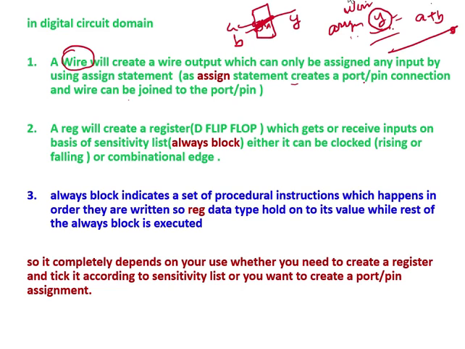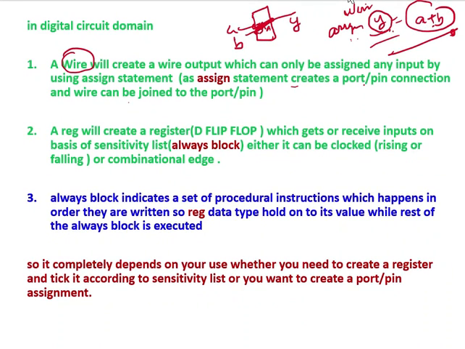Let's say this is the adder logic, inputs are a and b, and the output is y. It just provides a path from a and b to y after creating a port. So the assign statement creates a port or pin, and the wire just joins them, like a normal physical wire.